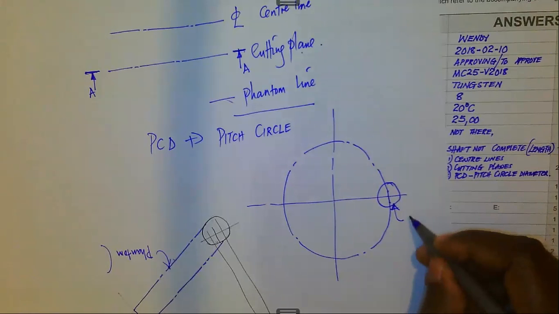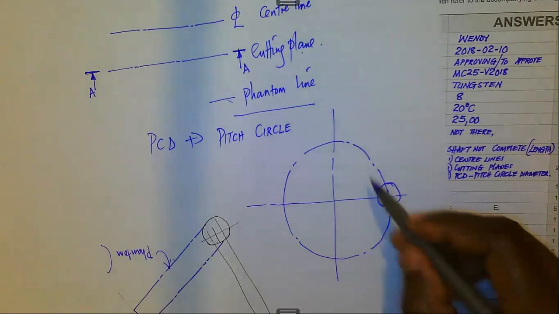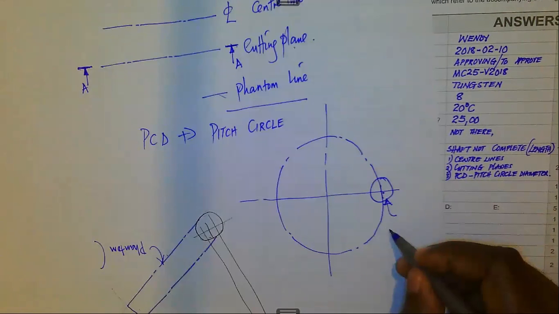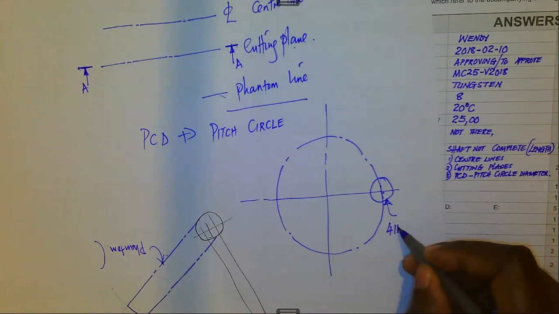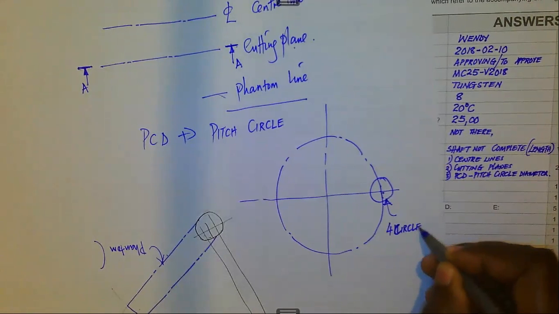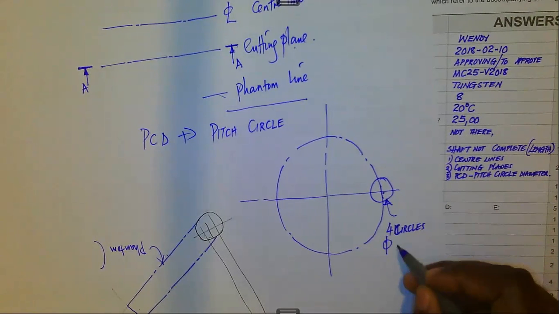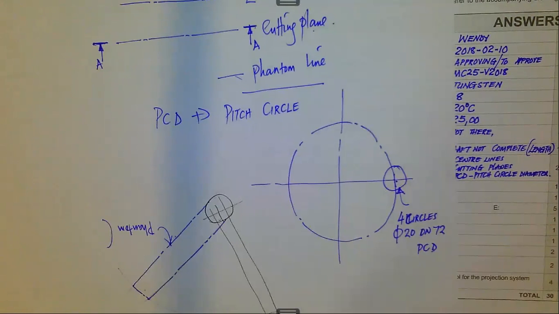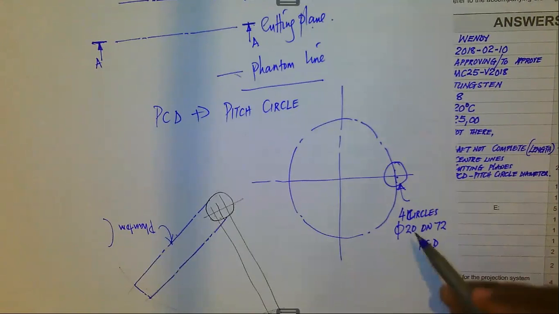Just by drawing one as a way of dimensioning, you would find that we can say 4 holes or circles, diameter, say 20, on 72 PCD. What it basically means is that it could be diameter 24 circles on 72 PCD.